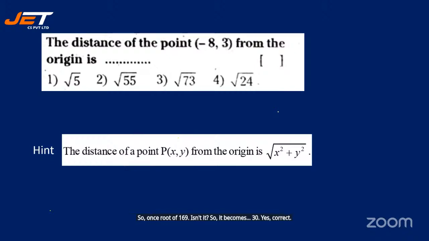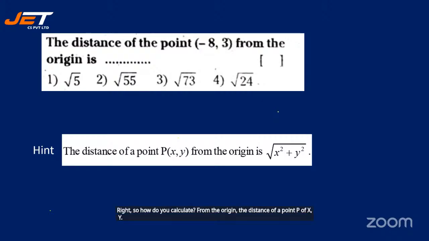Right. Now see the next one. The distance of the point minus 8 comma 3 from the origin is dash. Right. So how do you calculate? The distance of a point P of x comma y from the origin means this is x, this is y, isn't it?